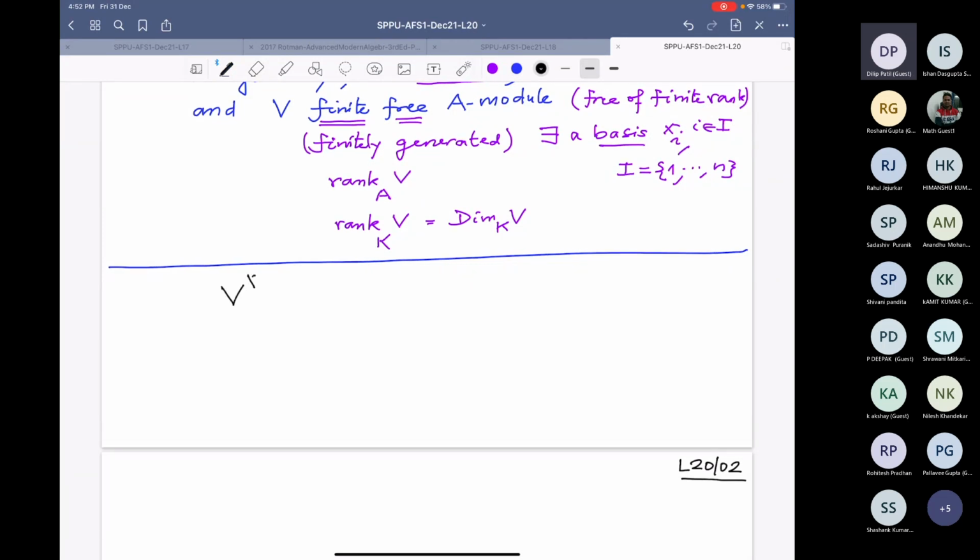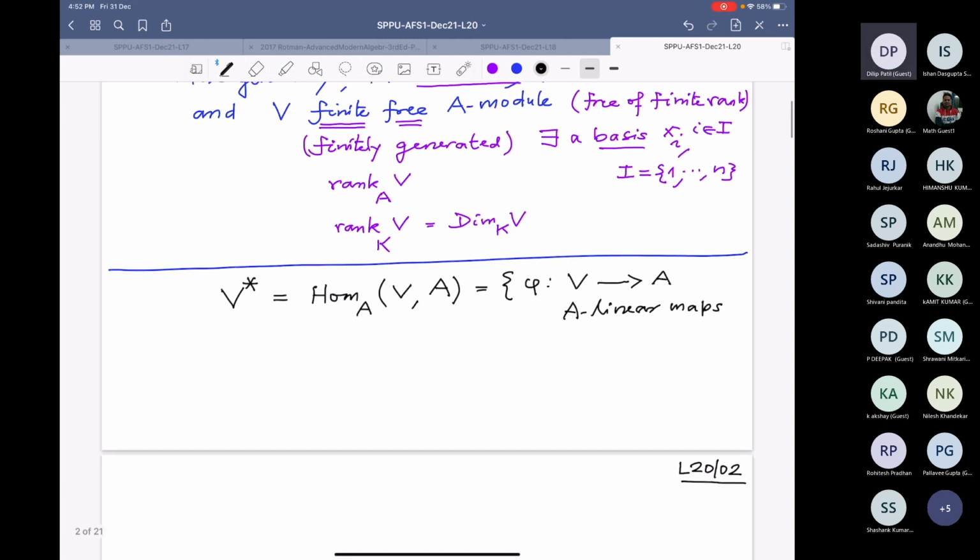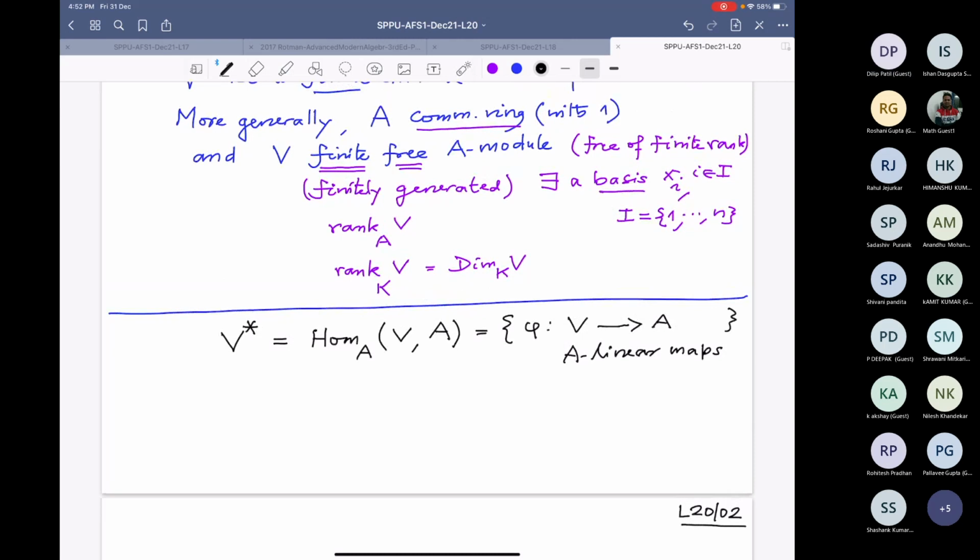The module V star is the dual module, that is Hom_A(V, A). These are the homomorphisms phi from the module V to A. These are A-linear maps, and they are also called linear forms on V.